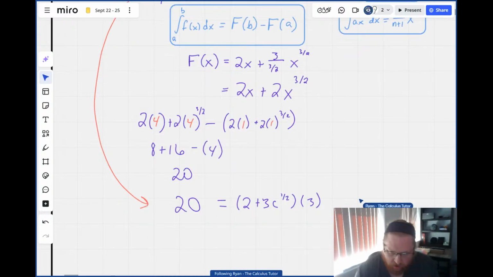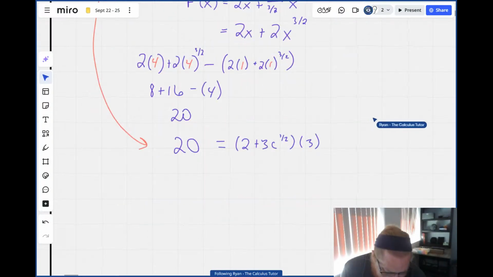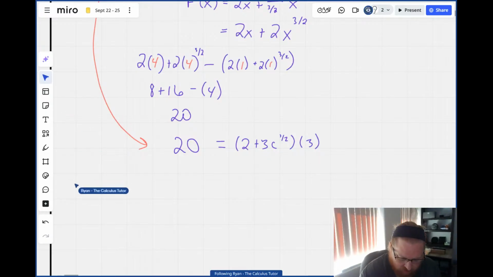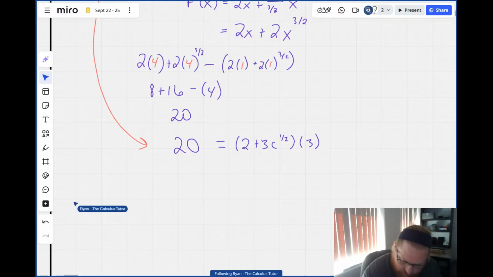Boom. All right, there's a few ways to do this. Since we're trying to solve for c, we could distribute this 3 in here. But since we're trying to solve for c, let's just divide it away so that we don't have to deal with it anymore. So we're going to do divided by 3 on this, divided by 3 here.